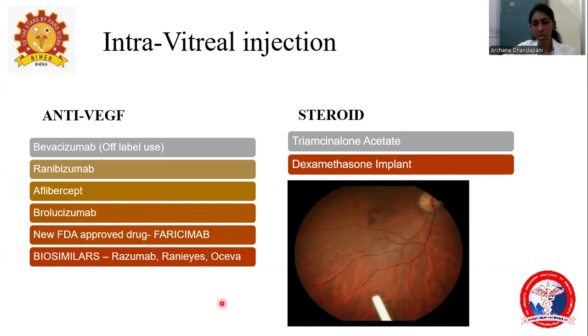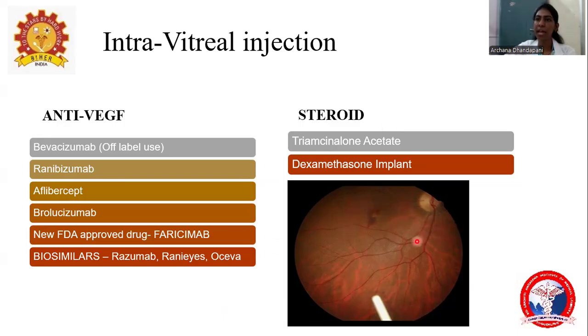And in case of steroid, we have triamcinolone acetate and dexamethasone implant. In this photograph, you can see one white implant. This is the dexamethasone implant, 0.7 mg. And it will have an effect in the retina for 3 to 6 months. It can be repeated after 3 to 6 months.